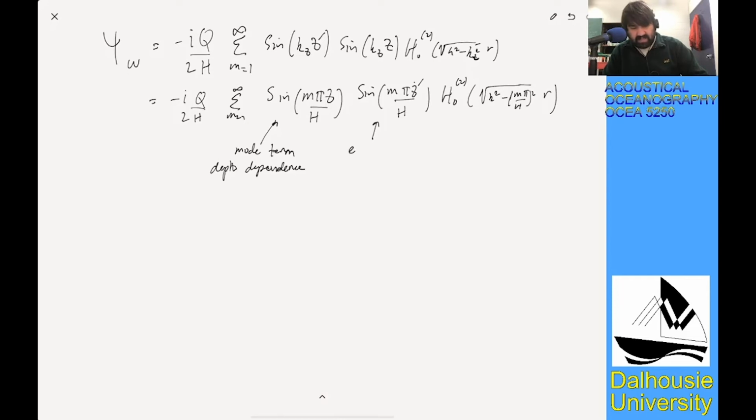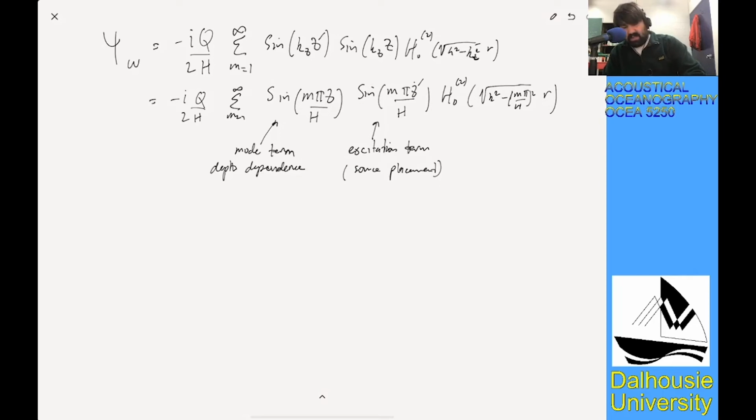So we call this the excitation term. And the idea here is that it's all about source placement. So if you chose z prime such that that term was 0, then that whole term in the sum would be 0. Okay, so it matters. It really matters.